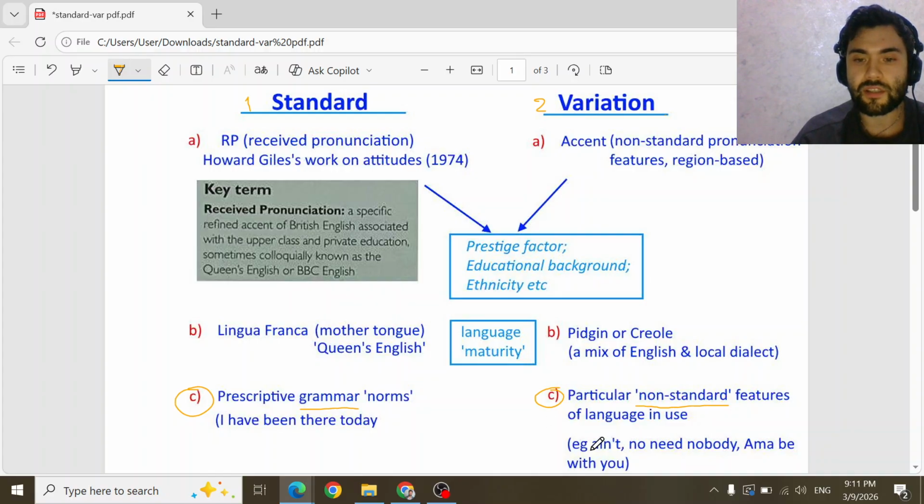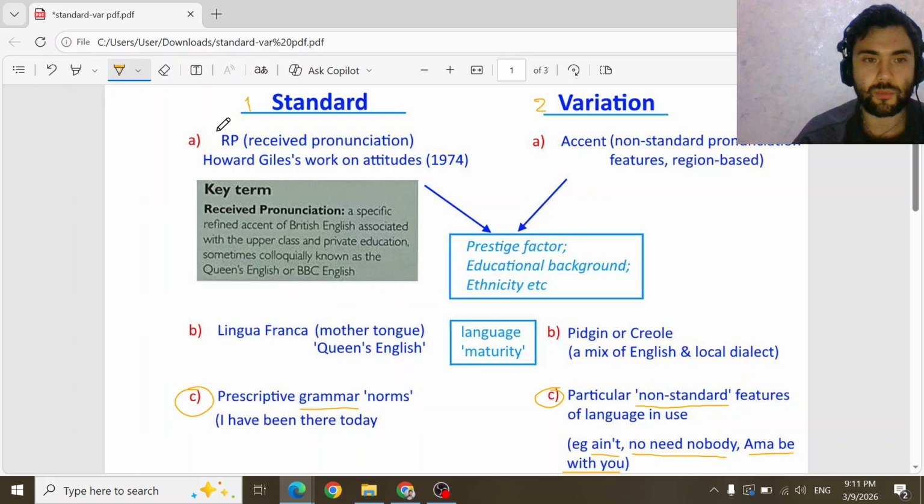So as an example of the particular non-standard feature, say at the level of grammar and syntax, we may have ain't as an auxiliary verb, double negation, no need nobody, I'ma be with you, which is I believe a way of expressing intention instead of to be going to.